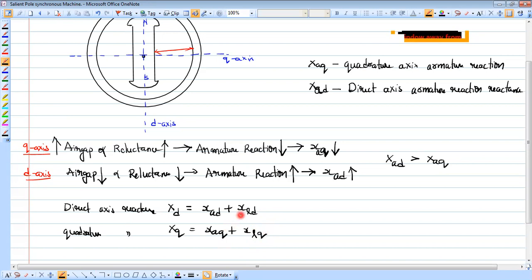So for every reactance, armature reaction reactance or leakage reactance, we are considering two reactances based on the air gap along the direct axis and along the quadrature axis.